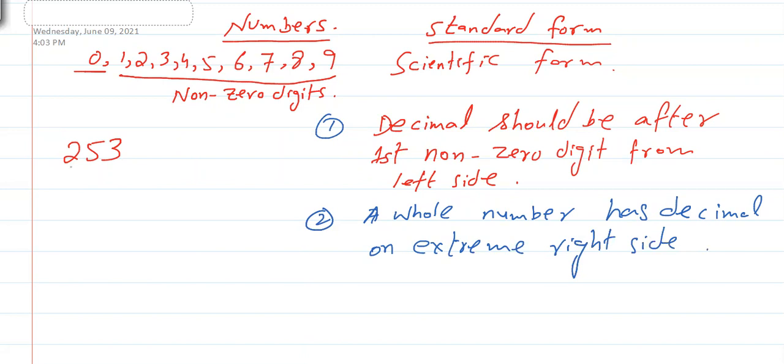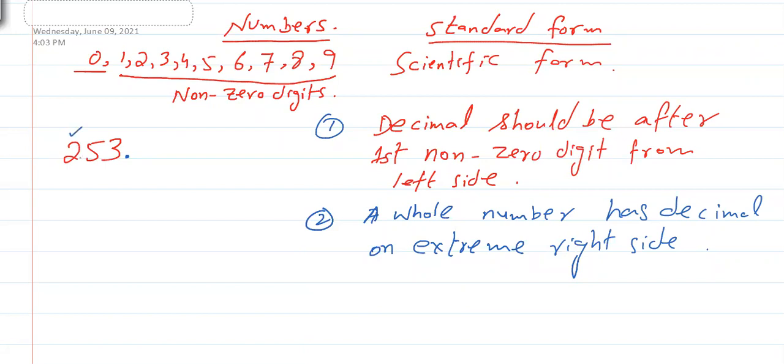For example, this is a whole number. Whole number means a number whose decimal is not shown. We consider the decimal on the extreme right side. It means it has the decimal here. When I have to write it in the standard form, I read point number 1. According to point number 1, we shift the decimal after the first non-zero digit from the left side.